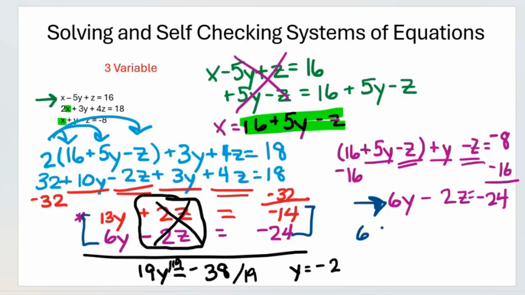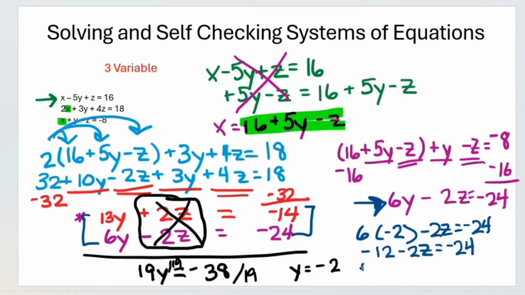So 6 times negative 2 minus 2z equals negative 24. 6 times negative 2 is negative 12 minus 2z equals negative 24.